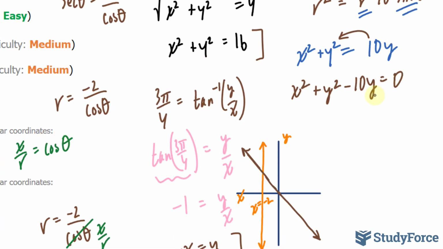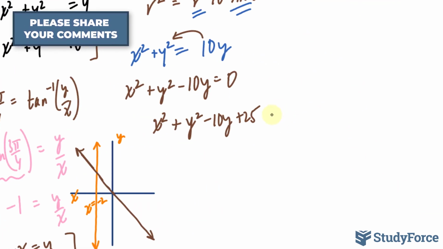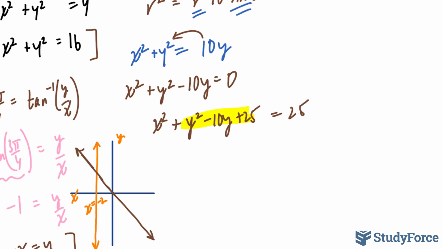At this point, if I add 25 to both sides, watch what happens. This is a perfect square trinomial, which can be reduced down into x squared plus y minus 5 squared is equal to 25.